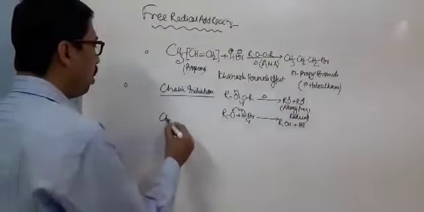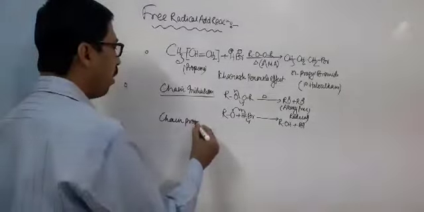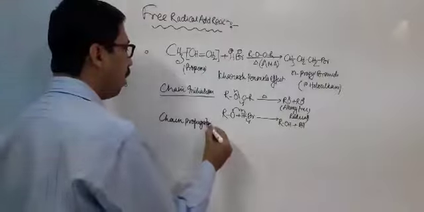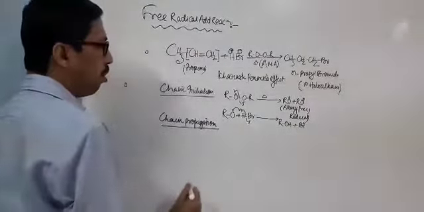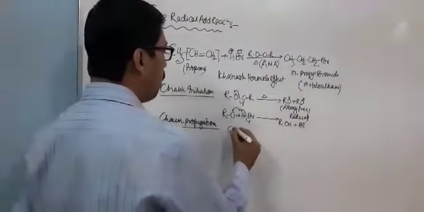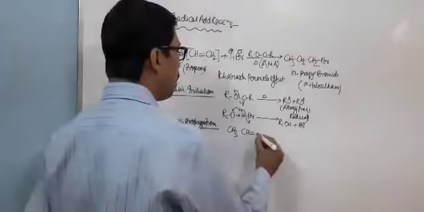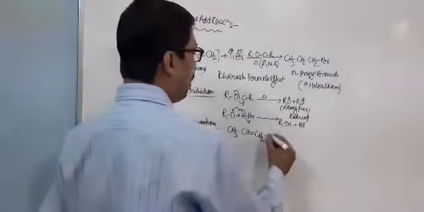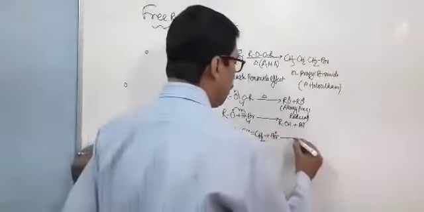And then we are in the next step, that is chain propagation. What we need to do is take a reactant molecule, that is alkene, and its interaction with the Br free radical.